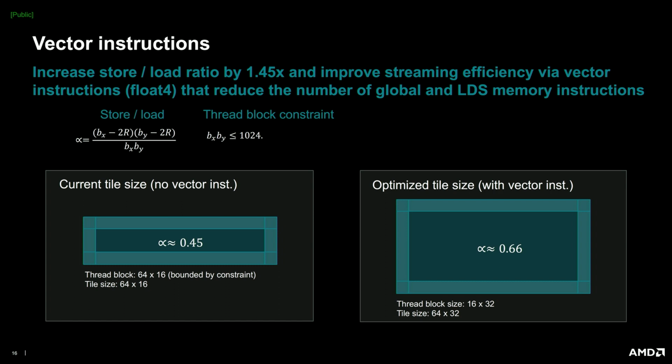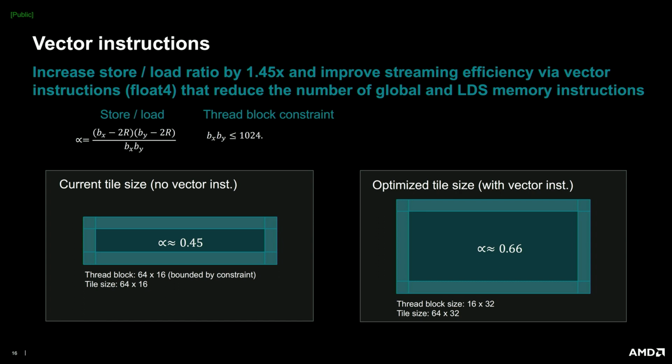But the thing is, the thread block size has an upper bound of 1,024 threads. So one way you can get around that is by letting each thread process more than one element. A good strategy is to use vector instructions, because they reduce the number of global memory requests you have: in a vector instruction, you can pack more data.